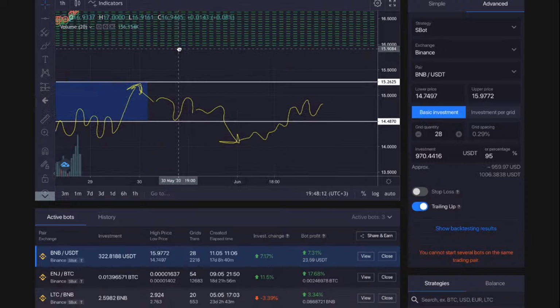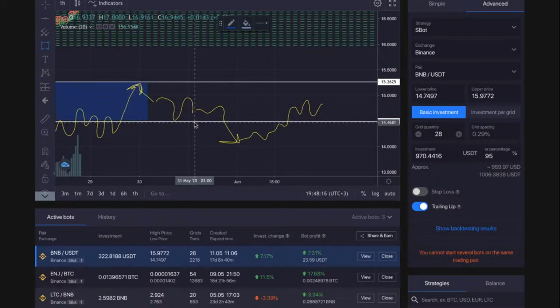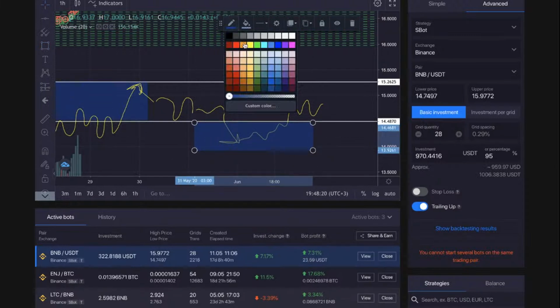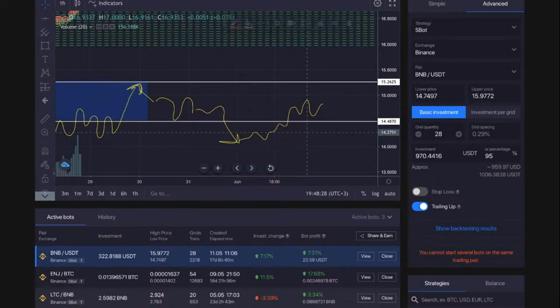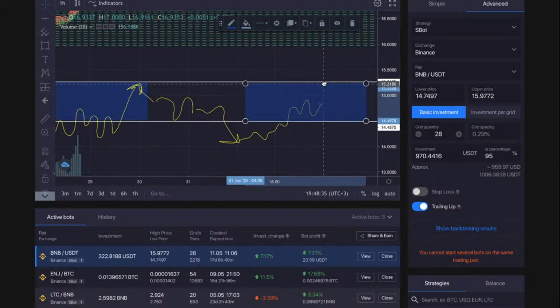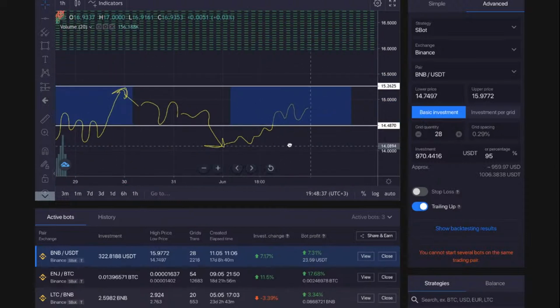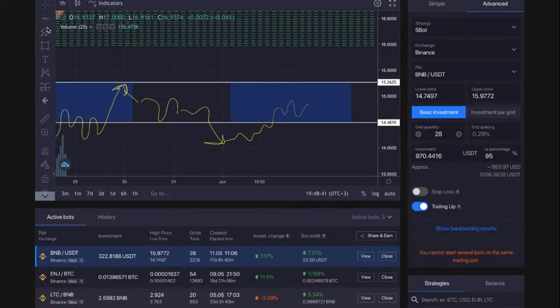So each time the price is below the trading range, like here, there won't be any trades executed by the bot. But when the price comes back to the trading range, then the trading will continue. So we are in the game once again.